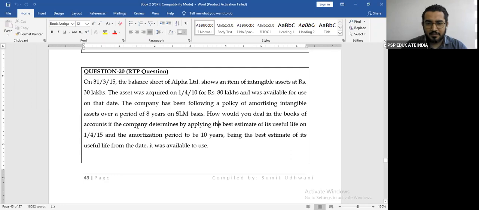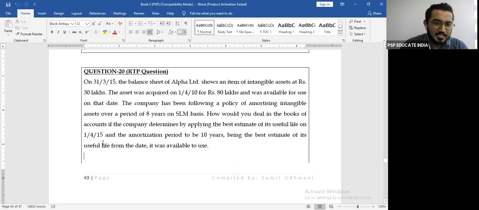If the company determines, applying the best estimate of its useful life on 1/4/2015, that the amortization period will be 10 years, right? Being the best estimate of its useful life from the date when it was available for use, very important.